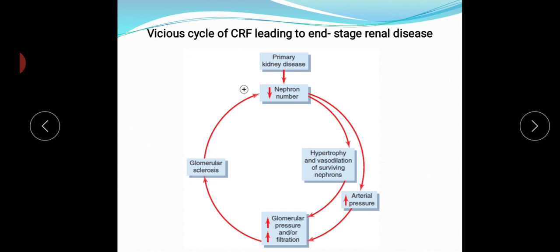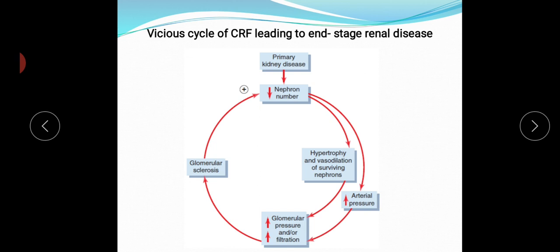With that there will also be an increase in arterial pressure. Both of these lead to an increase in glomerular pressure and glomerular filtration, and this will ultimately lead to glomerular sclerosis. Once glomerular sclerosis is found, it will increase the damage and further stimulate the loss of functional nephrons.